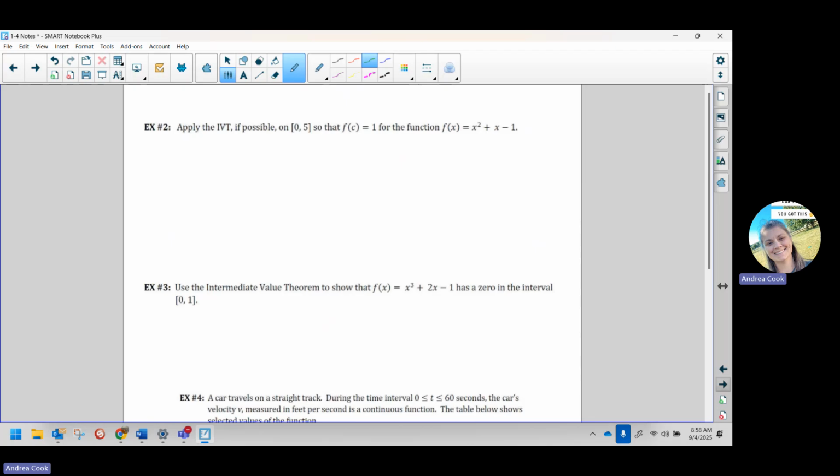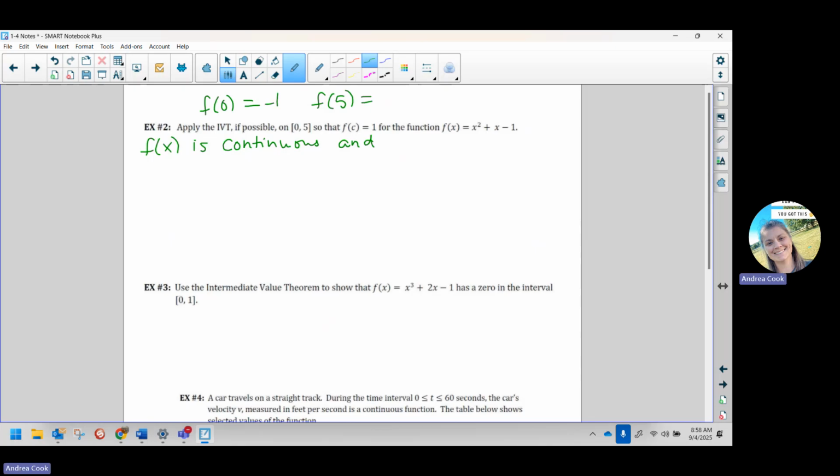All right, apply IVT if possible. On the interval from 0 to 5, so that f of c equals 1. So f of x, domain is all real numbers, so f of x is continuous. And what's the next thing we have to check? What's f of 0? -1.